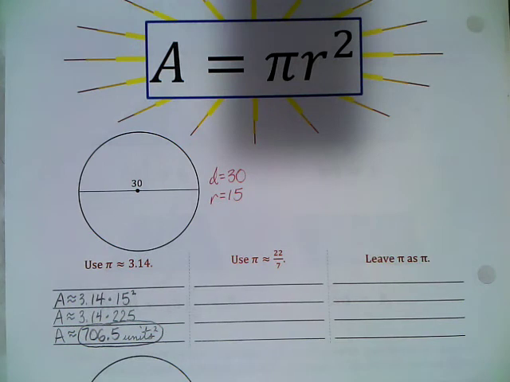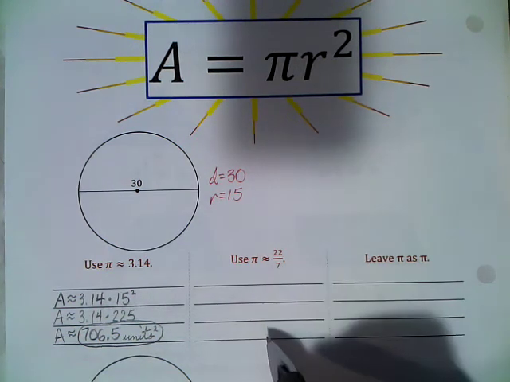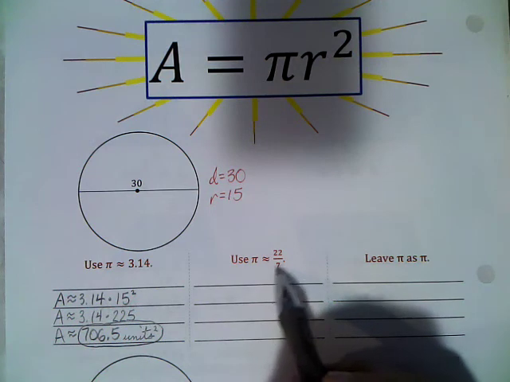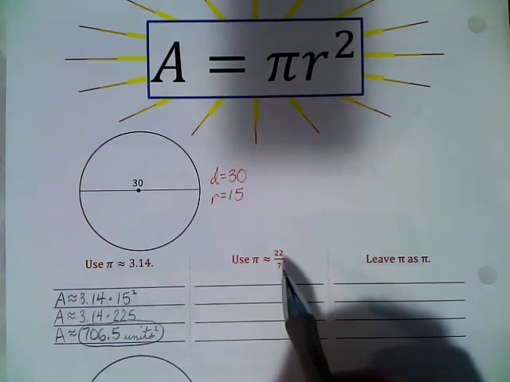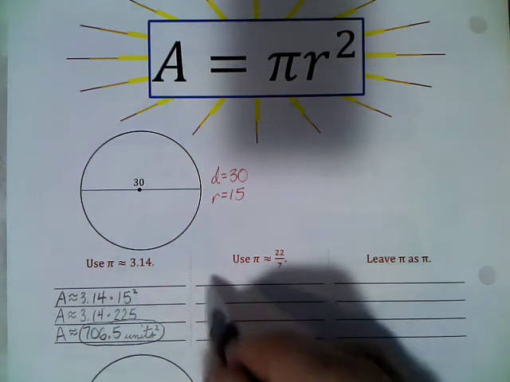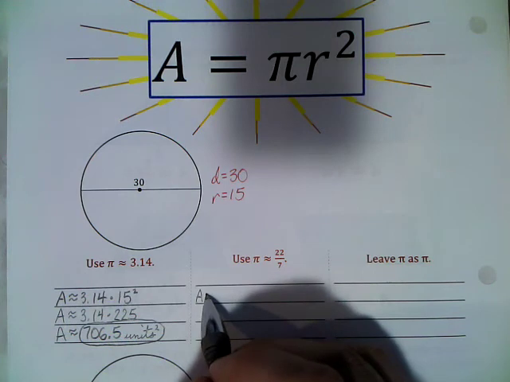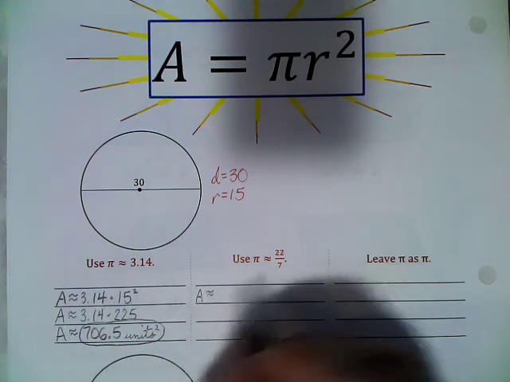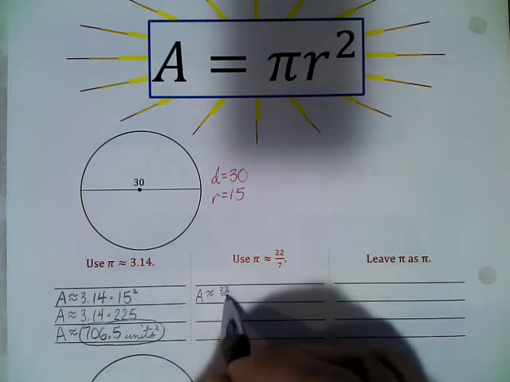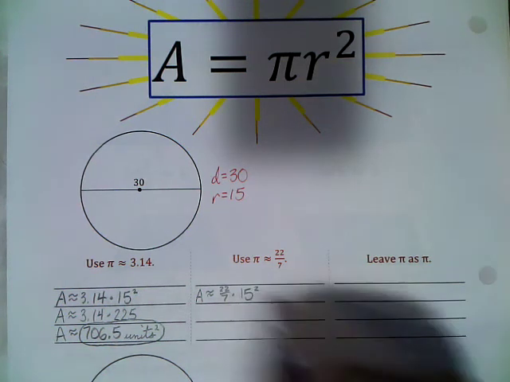Now we're going to do it again, but this time we're going to use 22/7 as our approximation for pi. And as we learned with circumference, this is helpful under certain circumstances. It's not always helpful. All right, so here we go. A is approximately equal to, and I'm going to use 22/7 times 15 squared.